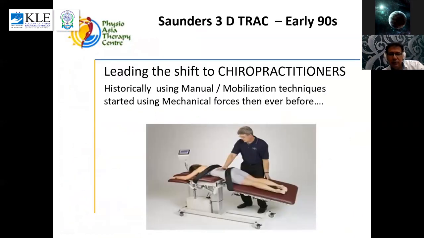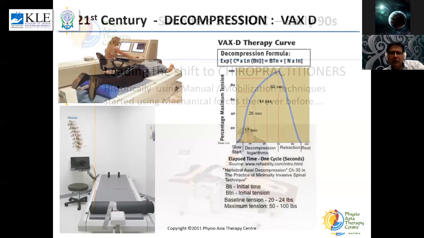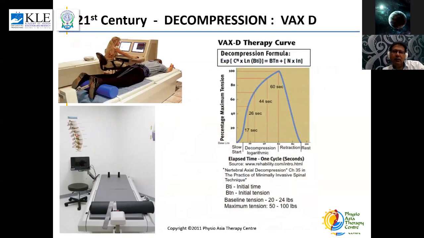Okay. So then the other major research work was done by another technique called WAXT. Now WAXT was also spearheaded by chiropractic groups who looked at the effect on the spine, and they did high level studies to measure the change in the pressure in the disc while mechanical forces are being applied.